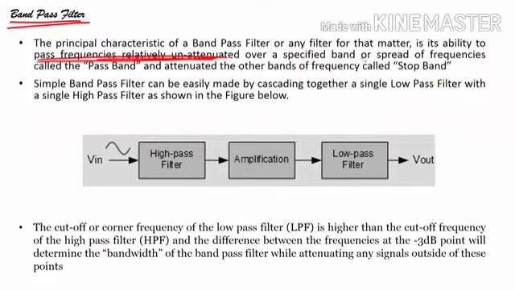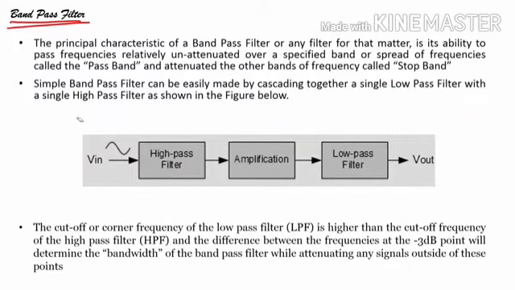Now a simple band pass filter can be easily made by cascading a single low pass filter with a single high pass filter. Super easy, right? If we know how a low pass filter circuit is, and how a high pass filter circuit is, then by cascading them we can design a band pass filter.